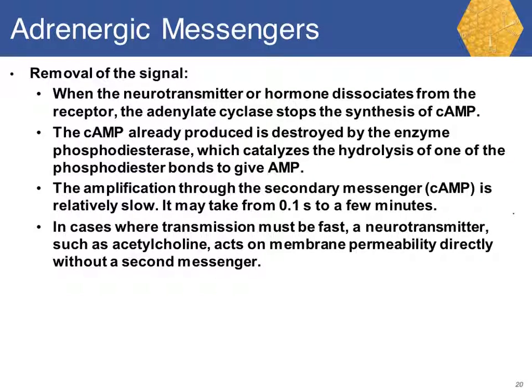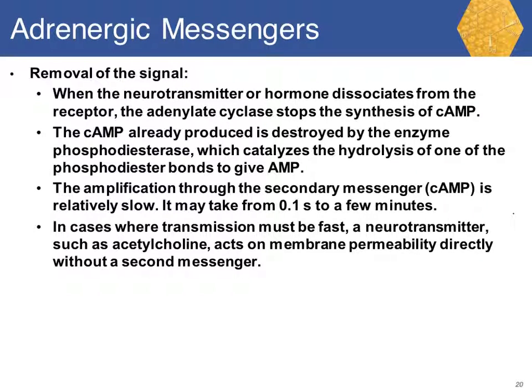Now, one thing that I want to make sure that you understand, you've heard me mention adenylate cyclase in two regards. So it has two important goals. The first is it can amplify the system in the beginning, okay? So once the neurotransmitter or hormone is absorbed onto the receptor, it triggers the adenylate cyclase to make many cAMP molecules.